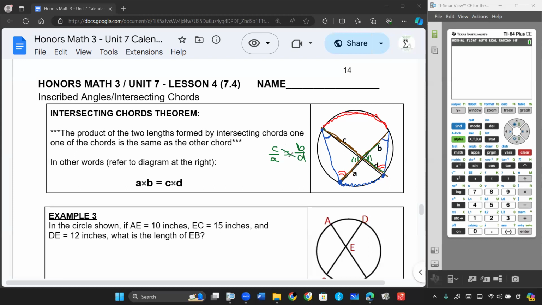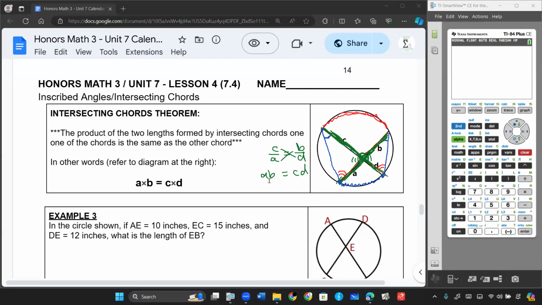Now, if you do a little cross multiplication here, get rid of those fractions, you're going to get A times B is equal to C times D. So in any circle, when I have intersecting chords, the product of the two parts of the chords that are on the same chord is equal to the other product of the two parts of the chord that intersect at that same point. Okay, so works for any circle because of those similar triangles.